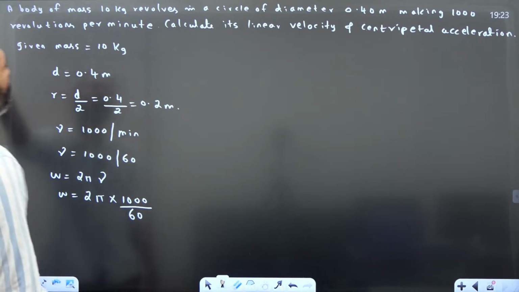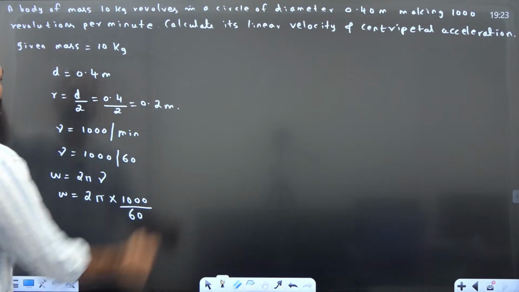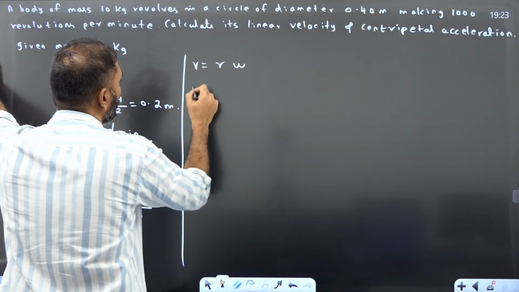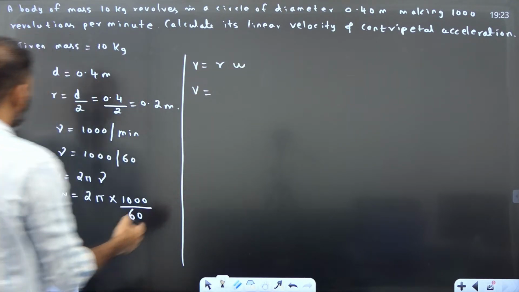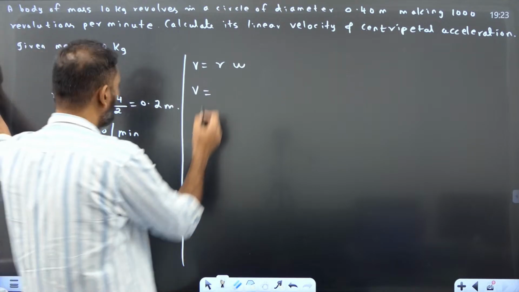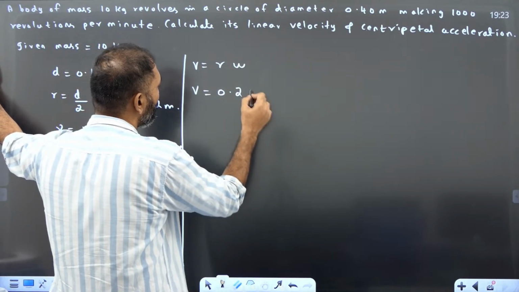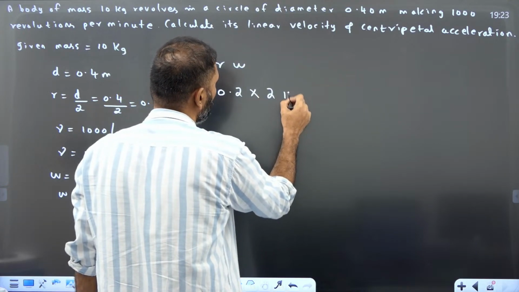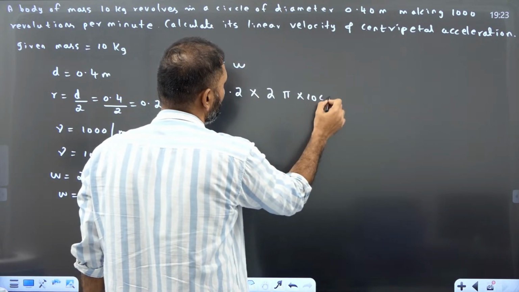What is linear velocity? Linear velocity V is equal to R omega. So V is equal to radius 0.2 into 2 pi into 1000 by 60.